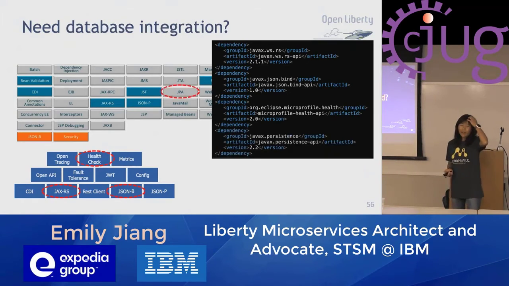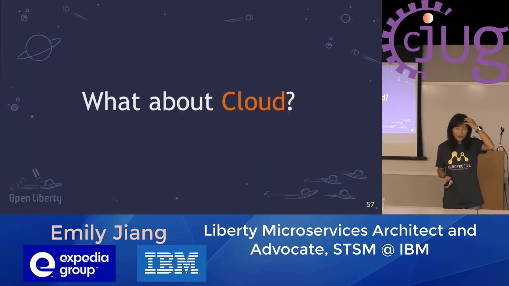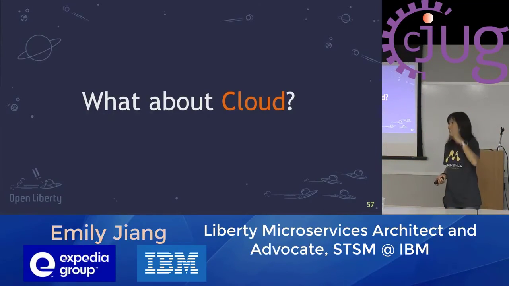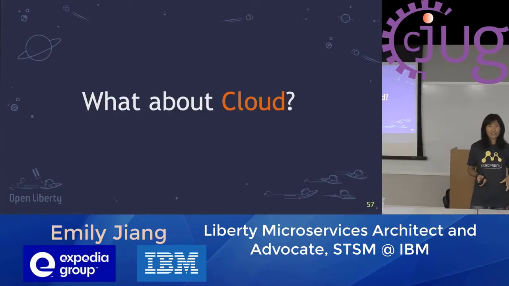Okay, I talked a lot about MicroProfile and Jakarta EE for doing your application. I haven't talked much about cloud. This presentation is about cloud native, right? So what do these technologies have to do with the cloud? How can you put them in the context of cloud?